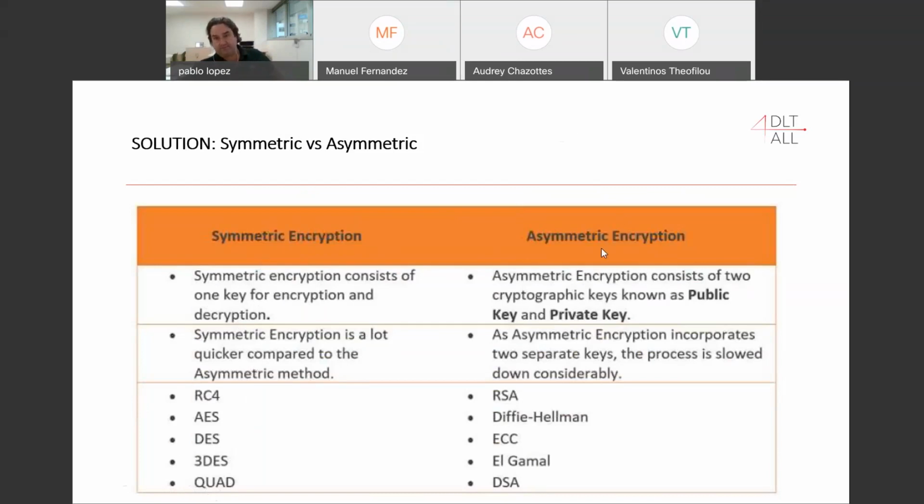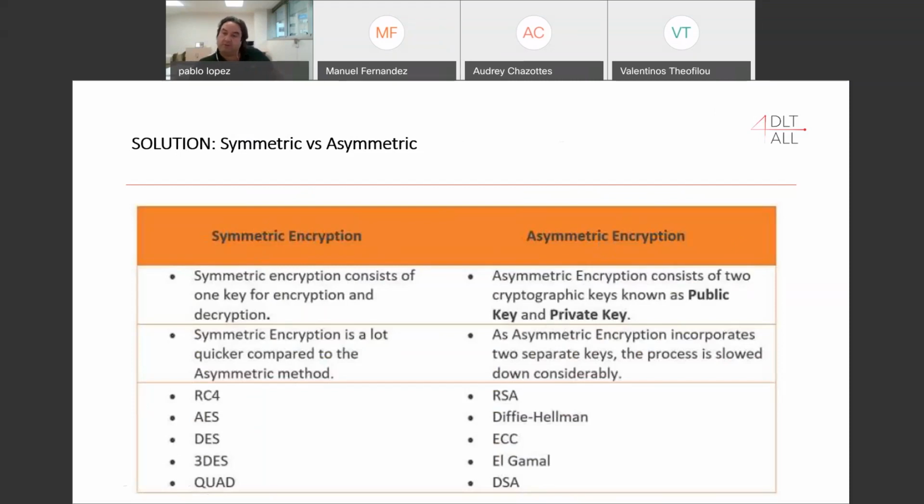On the other hand, asymmetric encryption consists of two cryptographic keys known as public key and private key. As asymmetric encryption incorporates two separate keys, the process is slowed down.